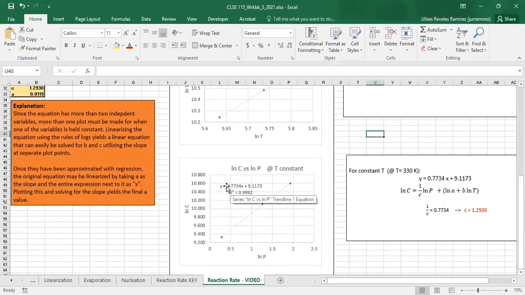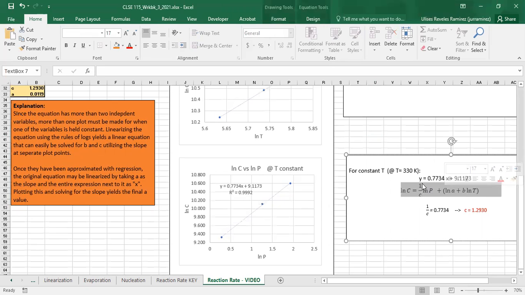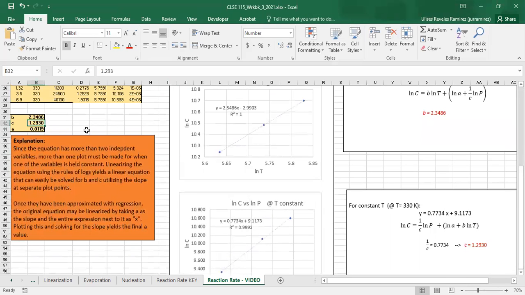From Excel, you get the new equation: Y equals 0.7734x plus 9.1173. When we compare this with the equation, we see the slope 0.7734 equals 1 over C. From there, we can find the value of C, which is 1.2930. We can put that here.